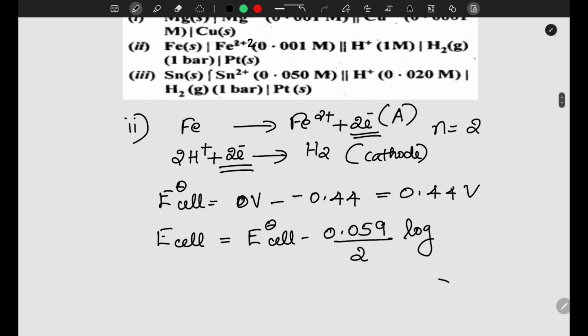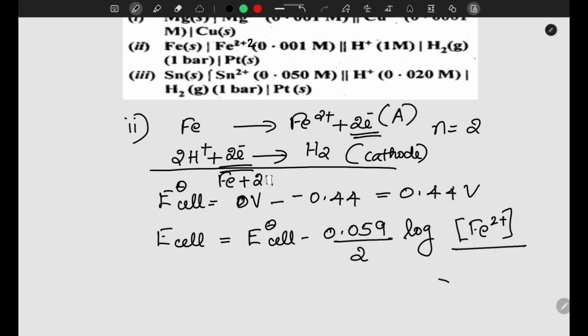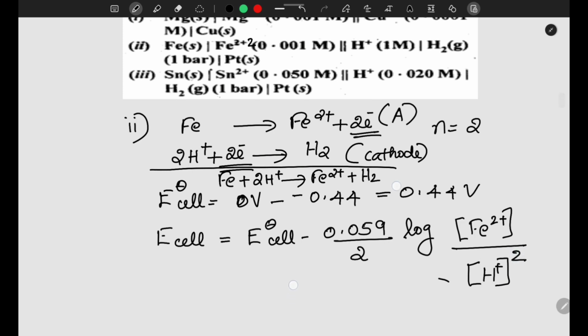Product side we have only Fe2+, concentration of Fe2+ divided by, here we can write the overall equation as Fe plus 2H+ gives Fe2+ plus H2. So divided by concentration of H+, and coefficient of H+ is 2. That coefficient should be raised as power.